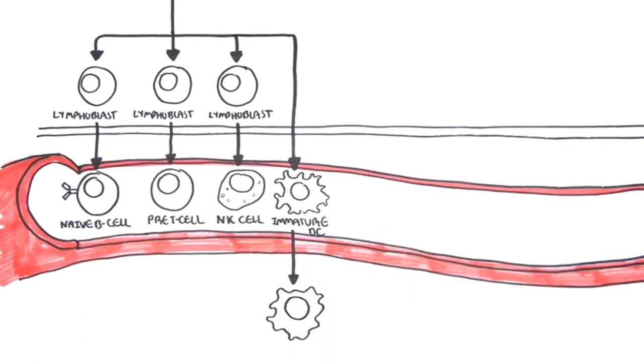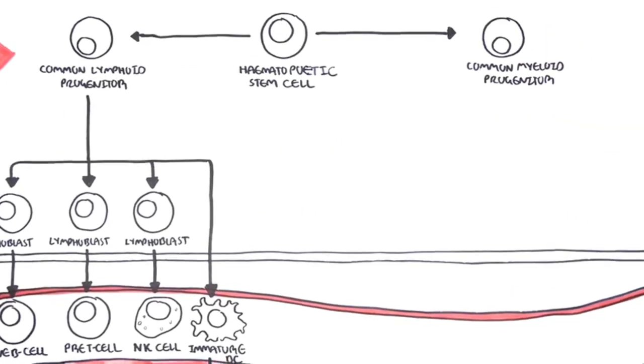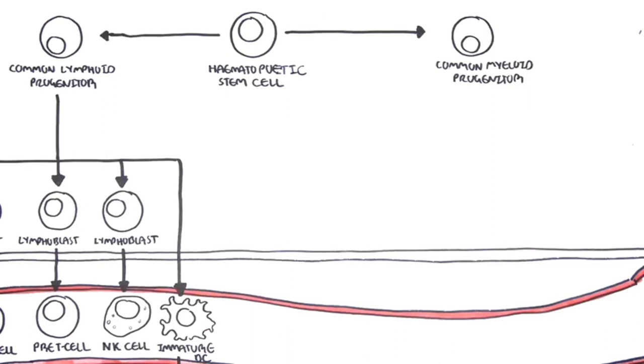The dendritic cells, when formed, will move into tissues and become known as lymphoid dendritic cells. Dendritic cells are peripheral antigen presenting cells that are very important in the connection between the innate immune system and the adaptive immune system. So that was the lymphoid progenitor cell lineage.